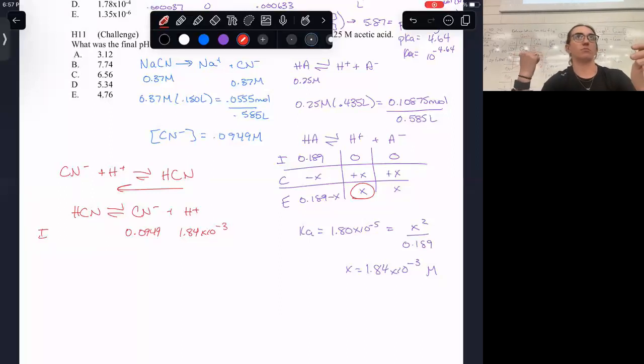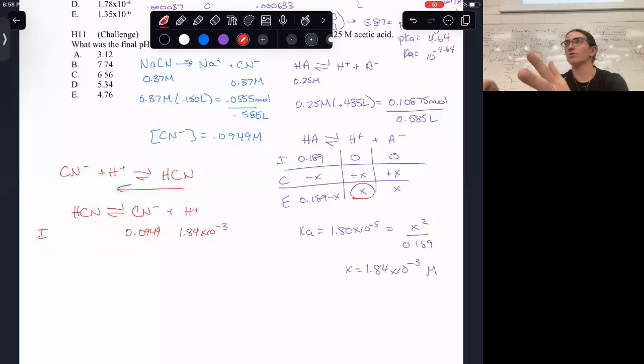When will that stop? When the limiting reactant's done, which is when your CN minus concentration and your H plus concentration are equal, and they will all form your HCN. Okay, so all of your CN minus concentration will then be consumed after you've produced enough H plus ions to also equal that concentration.